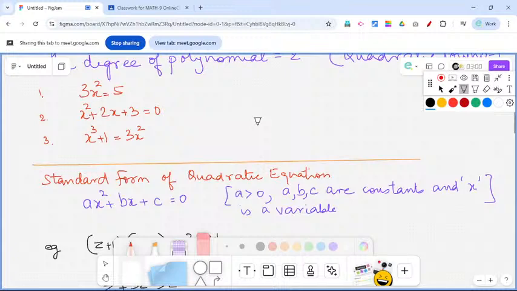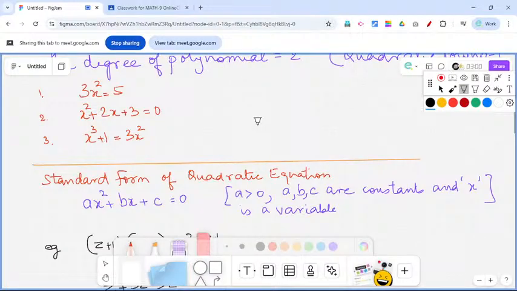So coming back to today's topic, first we saw the standard form of quadratic equation. After that, now we want to solve quadratic equation.